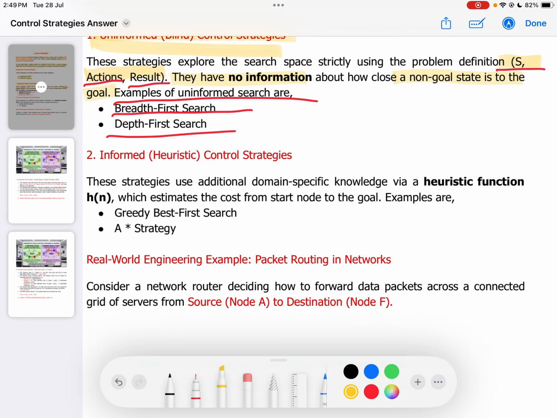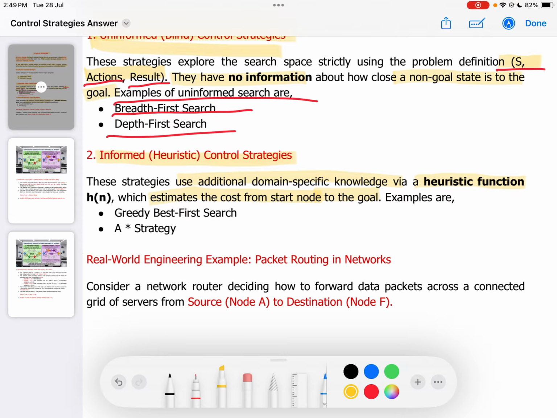Second is the informed or heuristic search control strategy. In this search strategy, it uses a heuristic function. It has additional domain knowledge where it estimates the cost from the start node to the end node, the goal.